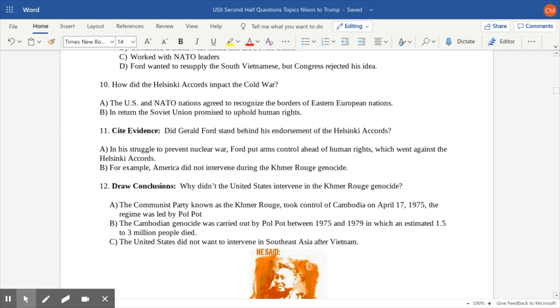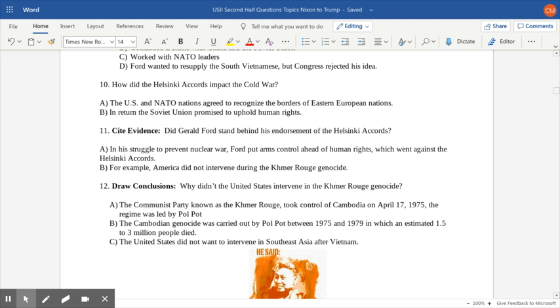The Cambodian genocide was carried out by Pol Pot and his supporters. Between 1975 and 1979, somewhere around 1.5 to as many as 3 million people died in a genocidal act in Cambodia.